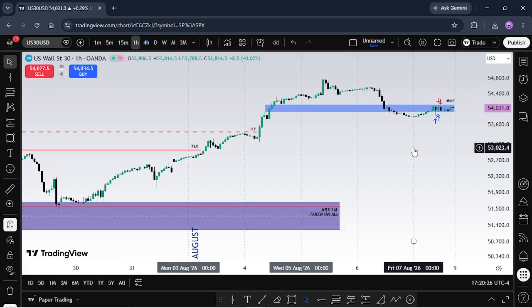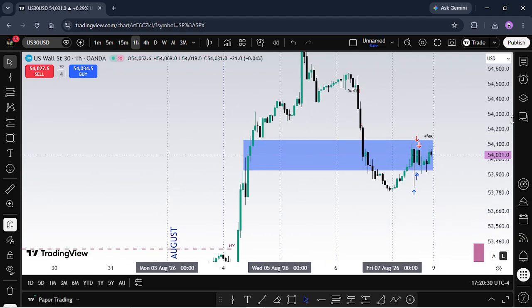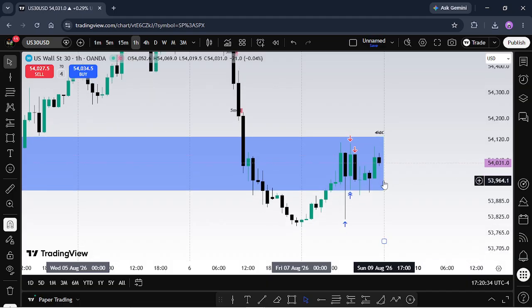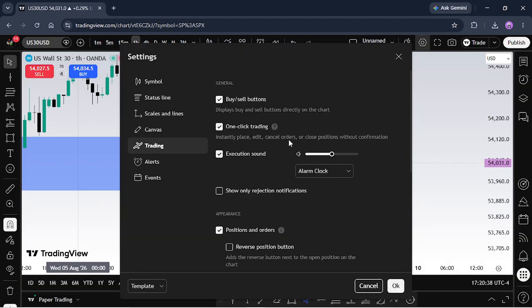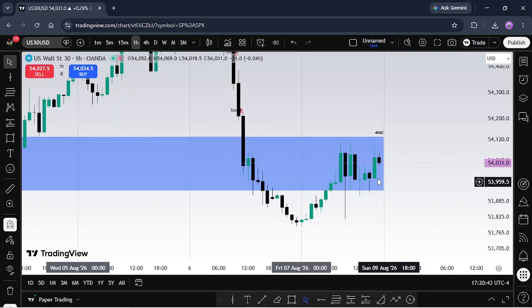So, okay, let's focus on this day specifically, right? Let's see the day. What happened, right? This NFP release. Let's remove that for now. Yeah, NFP release is somewhere here, right? This is for the BC.